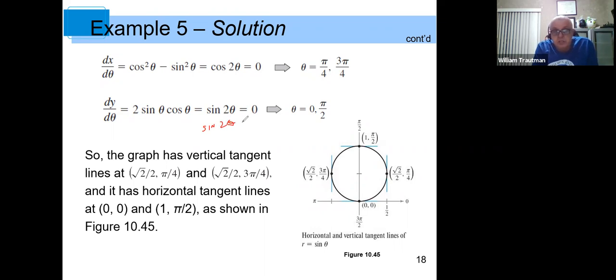Sine 2 theta equals 0, and we already said 0 works for this, and pi.